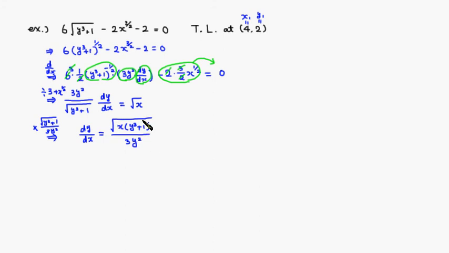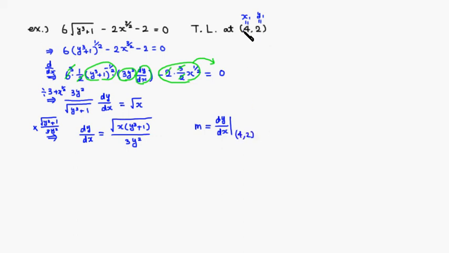From here we can find the slope. The slope m is the derivative dy over dx evaluated at (4, 2).